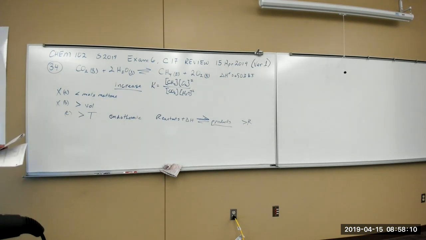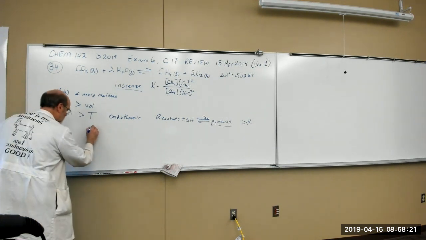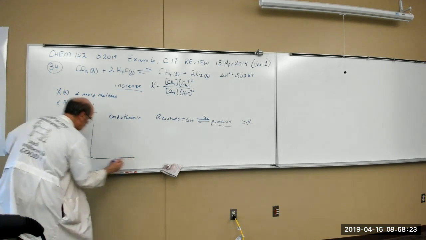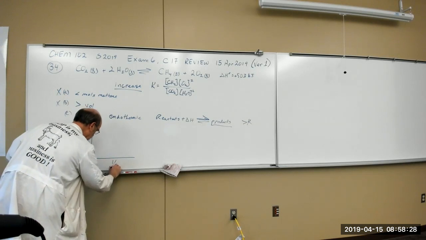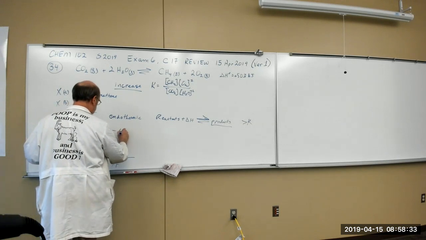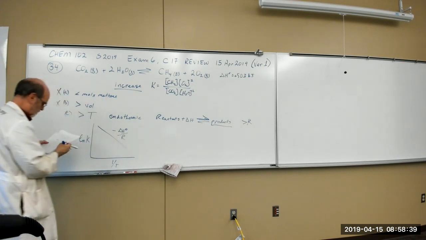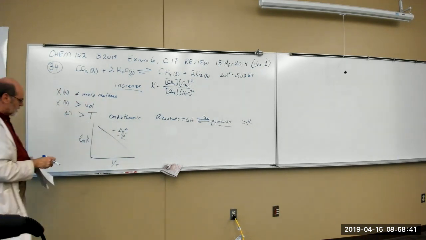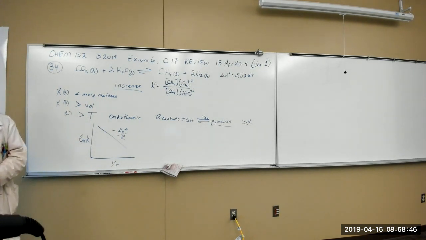The way I approached it in the review document was a little more complicated, I guess. If we plot log K against 1 over T, you get a straight line with a slope of delta H over R. The log of K will increase as K increases.